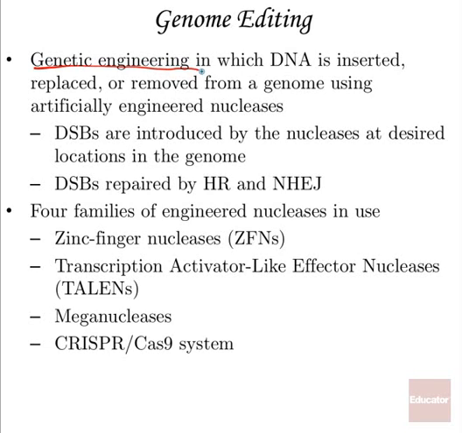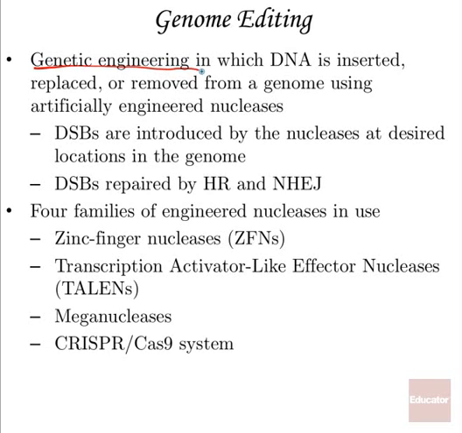So how do they work? Double-strand breaks get introduced by the action of the nucleases at desired locations in the genome. These double-strand breaks then get repaired by the normal mechanisms that we've talked about in this molecular biology class, homologous recombination or non-homologous end joining.